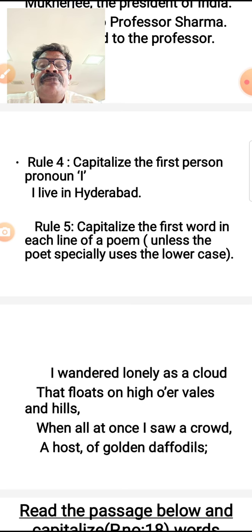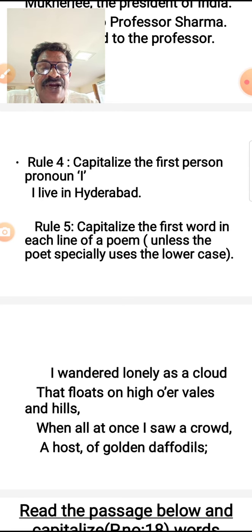So in general we use a capital letter for the first word of each line of a poem. If you want to check it, go to your third lesson, the poem A Psalm of Life, written by Henry Wadsworth Longfellow. Each canto consists of 4 lines, and the beginning of all 4 lines you can find in capital form.